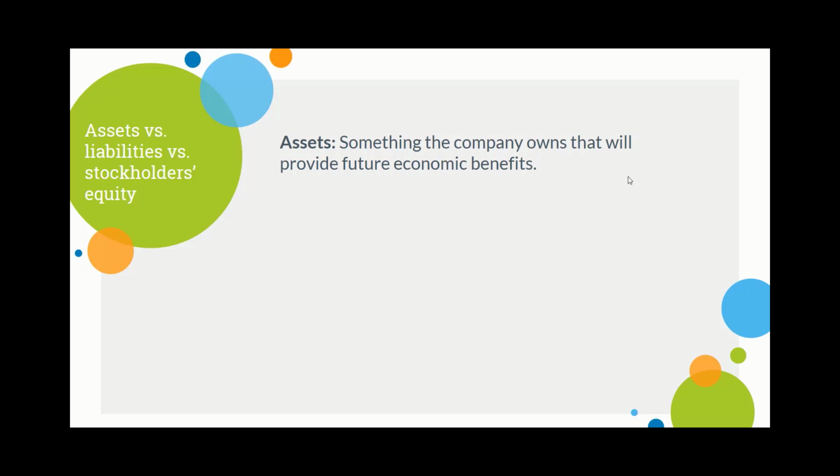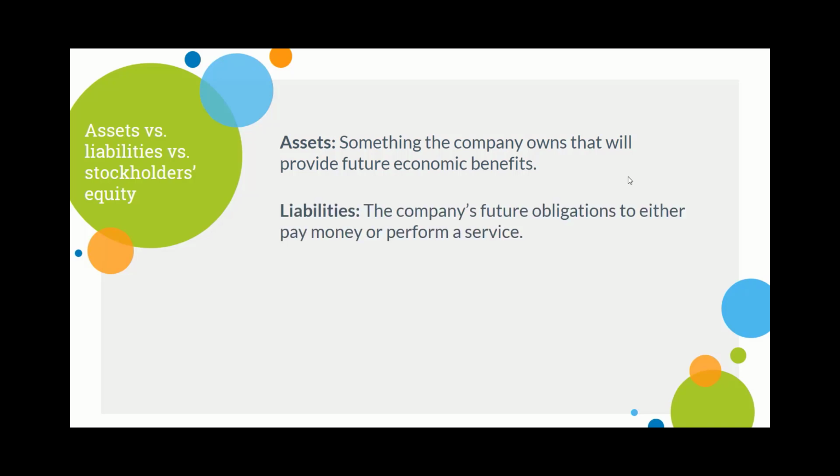Or let's look at a piece of equipment. Well, you can use that equipment to produce the widgets and gadgets at your company that you can then sell to make more money. So an asset is something that you own, and one day it will provide future economic benefit. It will produce money for your company, basically.